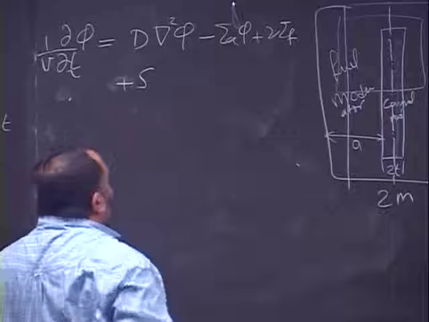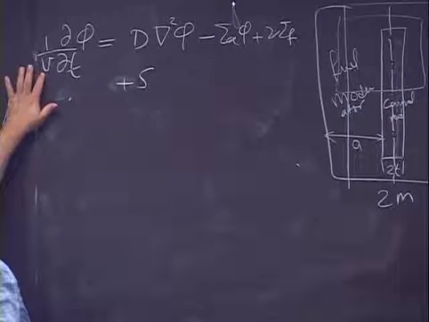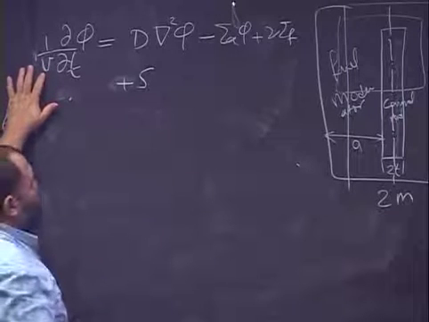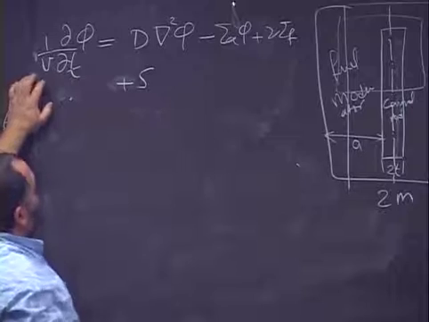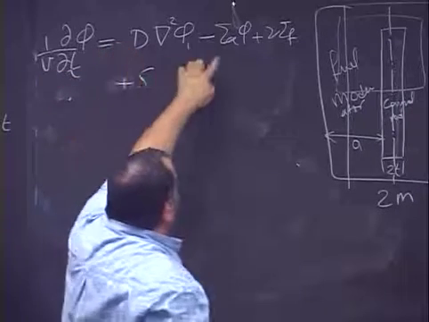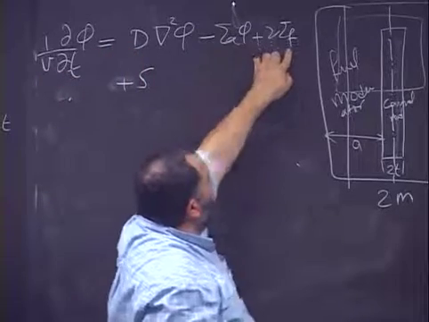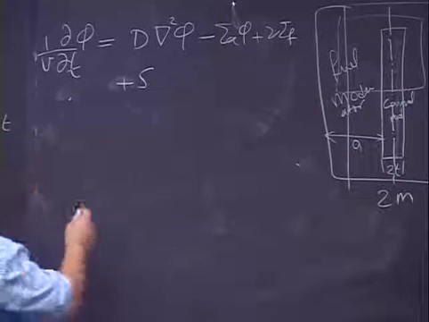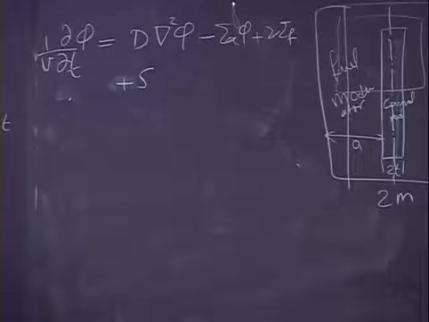In this equation, what matters is the diffusion coefficient, the sigma absorption, the nu, the sigma fission. At the very beginning, we assumed single speed or single energy.